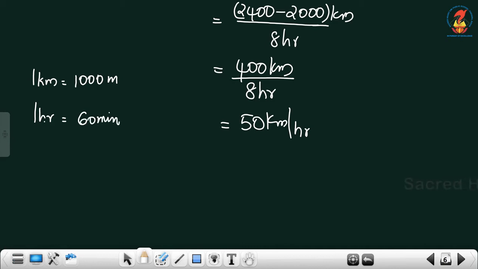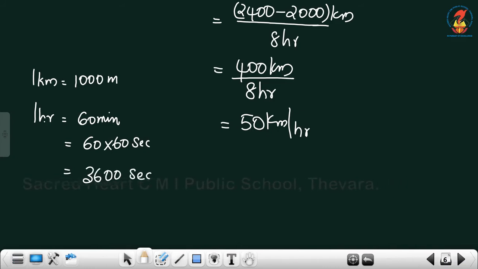Then 1 minute, how many seconds? 60 seconds. So, that is equal to 60 into 60 seconds, that is 3600 seconds.